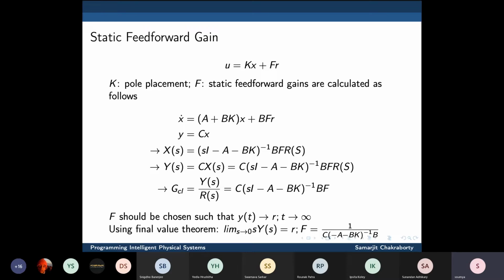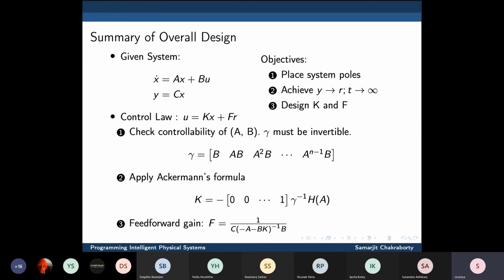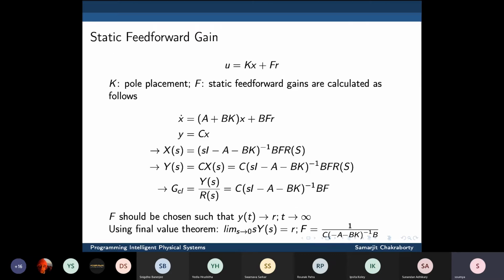We'll just consider that the R is actually 0 and we don't have a feed forward gain. That's the standard we'll be following. But this is just for your knowledge that there are many systems where you need that F as a necessity of the design, and you have to solve for that also, right?